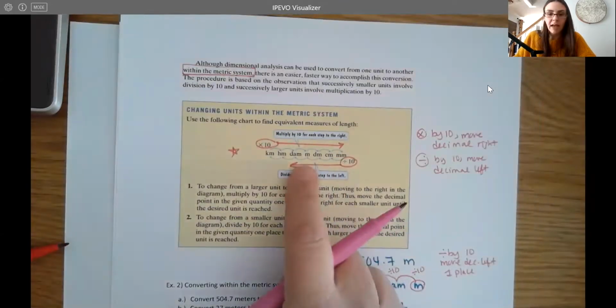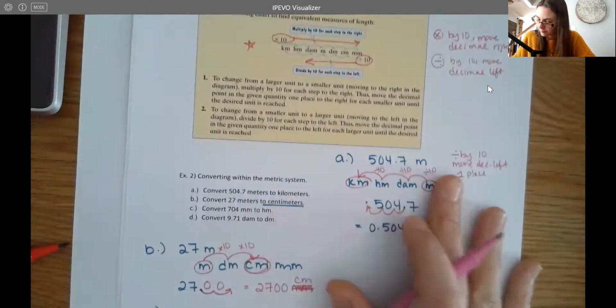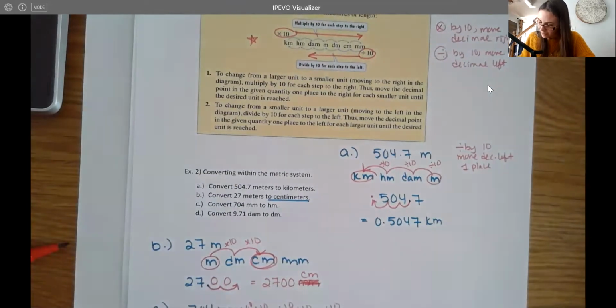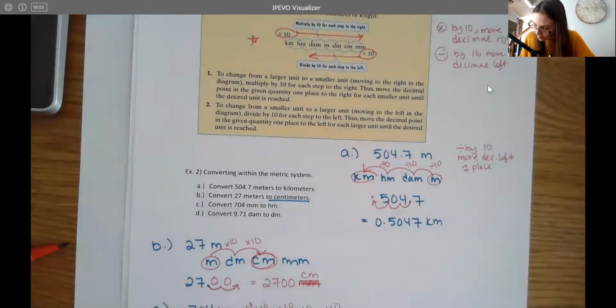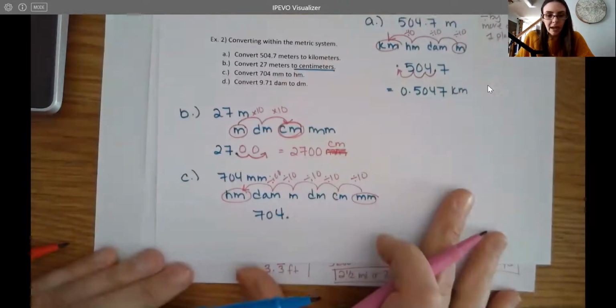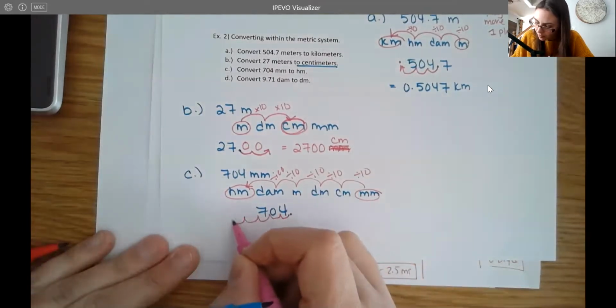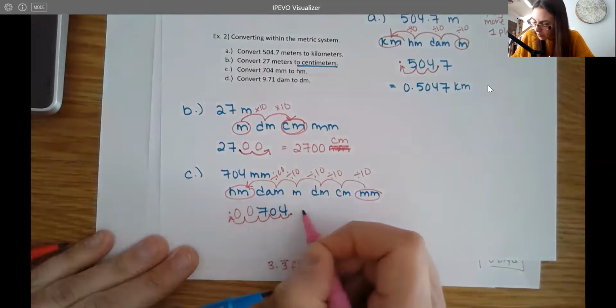If I'm going left, we are dividing. So I take that 704. My decimal point is on the right if you don't have it, and I'm going to go left, 1, 2, 3, 4, 5. I fill in any spots with zeros.